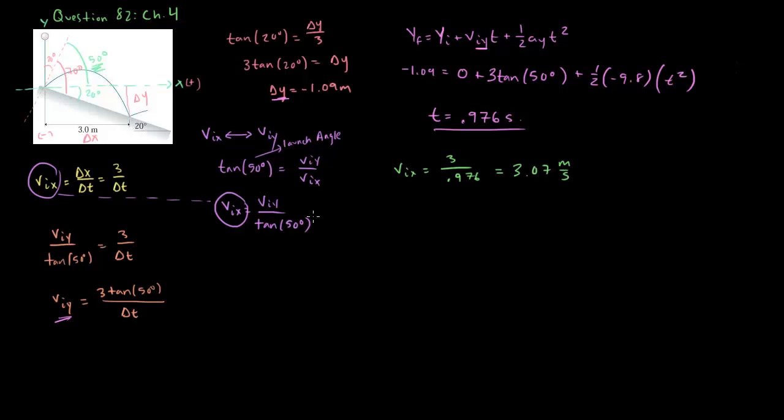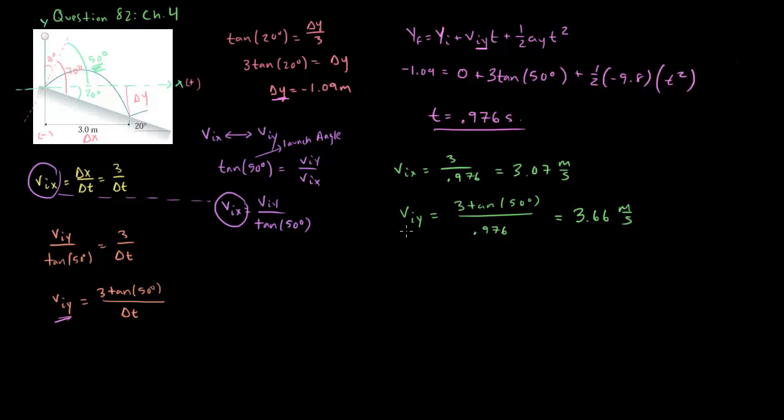And my velocity initial y is going to equal 3 tangent of 50 degrees over 0.976, that's coming from over here, delta t. And that should equal 3.66 meters per second.